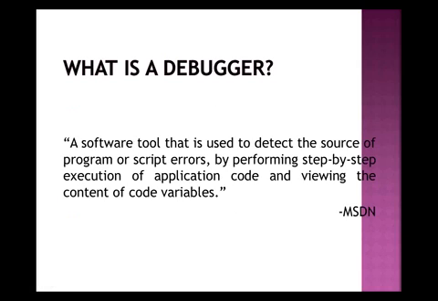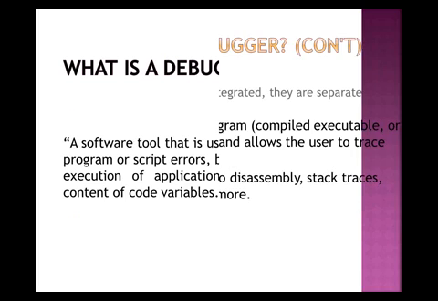Now, what is a debugger? A debugger is a software tool that is used to detect the source of program or script errors by performing step-by-step execution of application code and viewing the content of code variables.